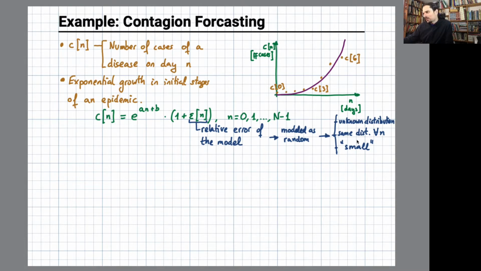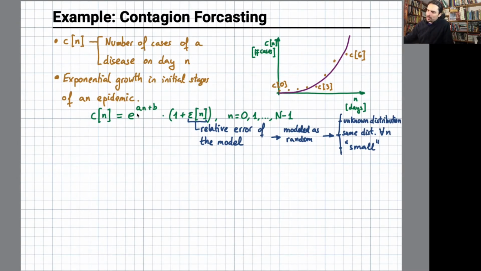And it's okay to assume that the event that epsilon takes small values is more probable than the event where it takes large values.